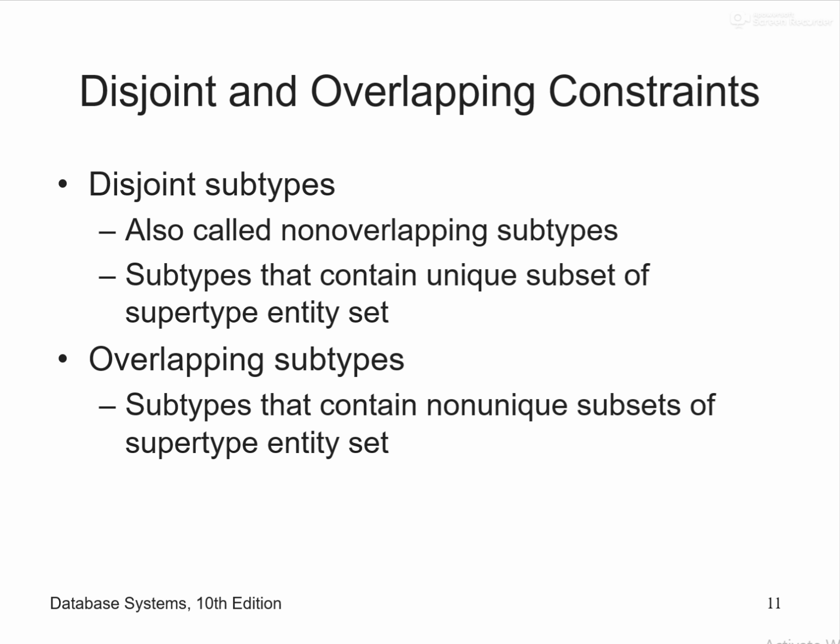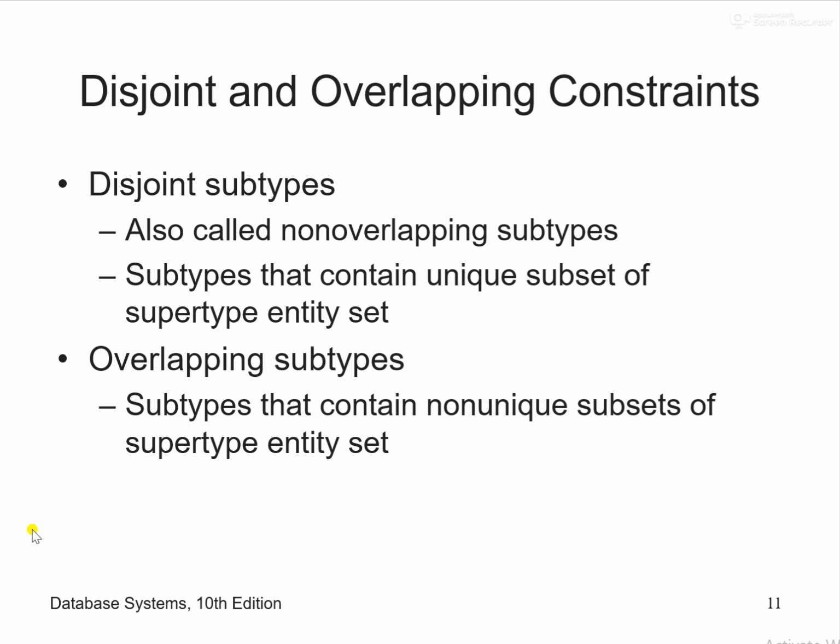So it means that pilot is a disjoint subtype of employee. Disjoint subtypes, which we also call non-overlapping subtypes, are subtypes that contain a unique subset of the supertype entity set. Or we can say that each entity instance of the supertype can be present in only one of the subtypes.